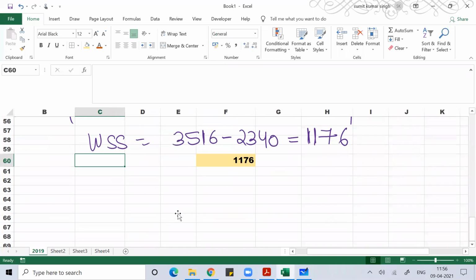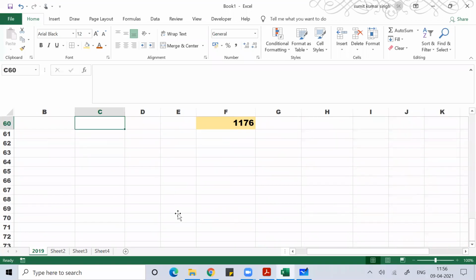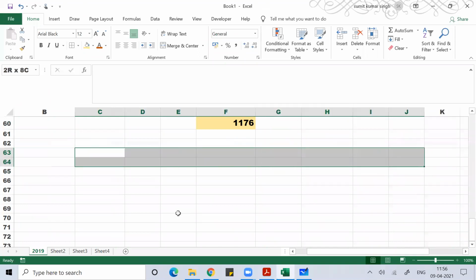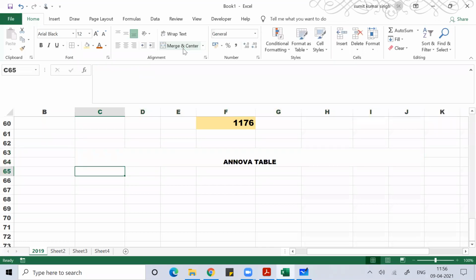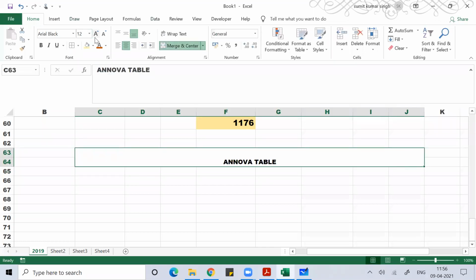So once we are done with this, then we'll create the ANOVA table.